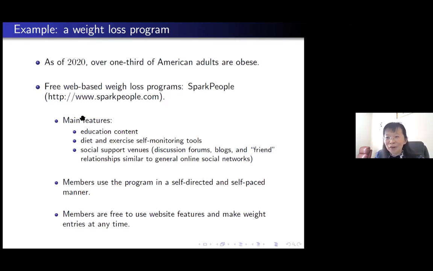The main features of these programs include education content, self-monitoring tools for daily diet and exercise, and social support tools such as blogs and friend relationships similar to other online social networks. Members use a program in a self-directed and self-paced manner.